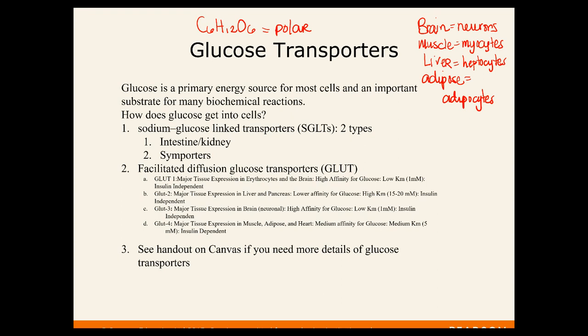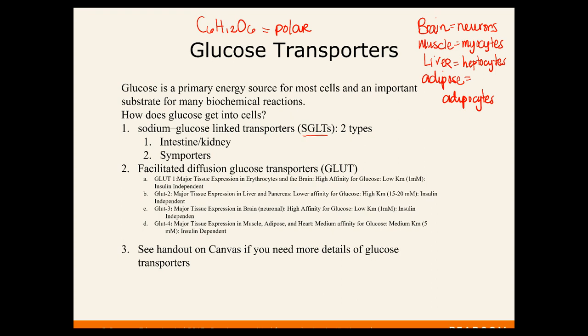So in the intestine and kidneys, there are sodium glucose linked transporters, called SGLTs. I just want to throw that out there as a type. I won't necessarily test you on that.